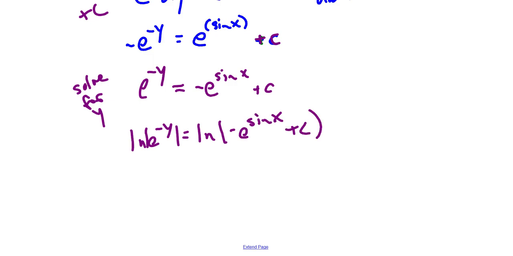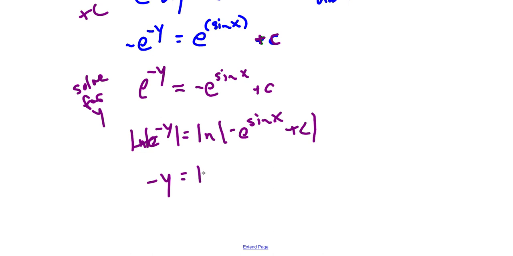Now, I know some of you are probably saying, well, Mr. Gutschok, can we have a negative inside the natural log? Yes, you can have a negative because it will be positive because of the absolute value. But it will work out. From here, we're going to have negative y, because these will cancel out.